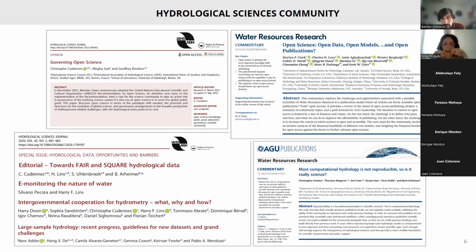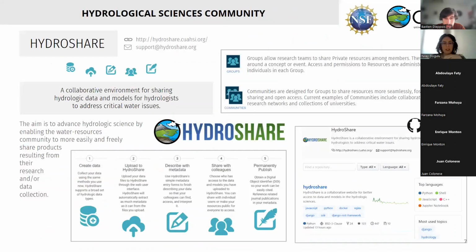And finally, this opinion paper by Christoph Kudenek, who is the Secretary General of IHS, discusses open science from a governance perspective. And so I sincerely invite you to have a look at these papers. They are all open access, if you want to get a flavor of the discussions.